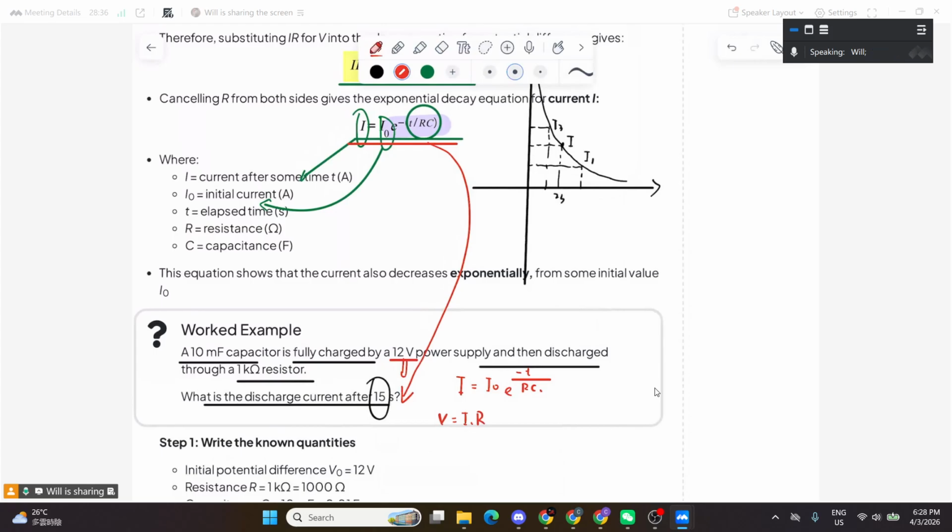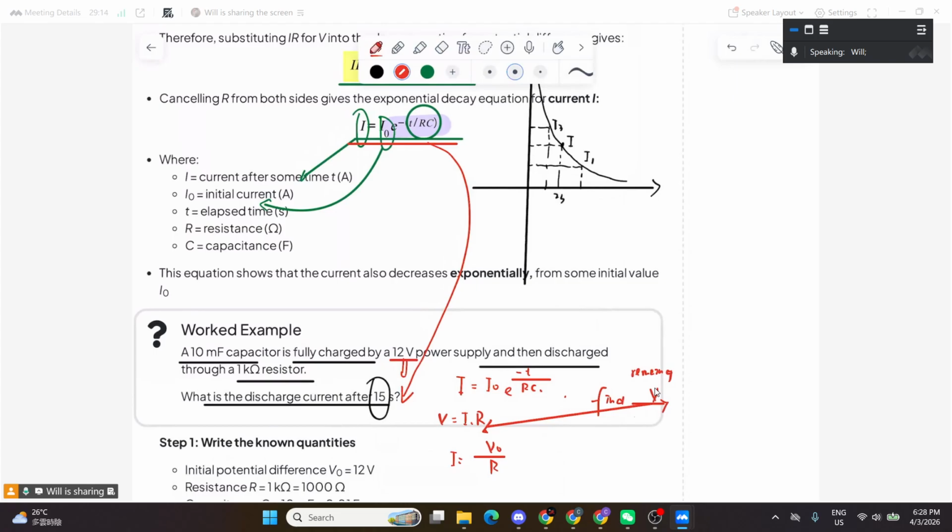If we use the exponential decay equation, we find the remaining voltage at that moment. Then we can use the remaining voltage to find the current: the potential over the resistance.